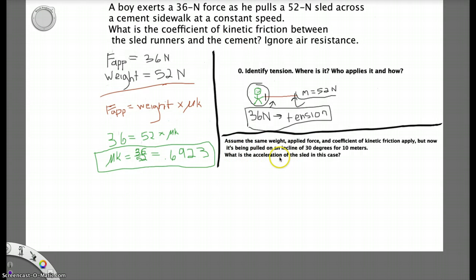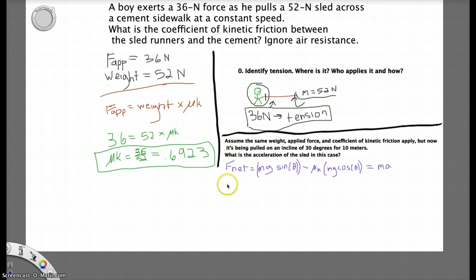Next, we were asked to solve for the acceleration of the sled in the case that it is being pulled on an incline of 30 degrees for 10 meters, and we are assuming that we have the same weight, same applied force, and same coefficient of kinetic friction applied.